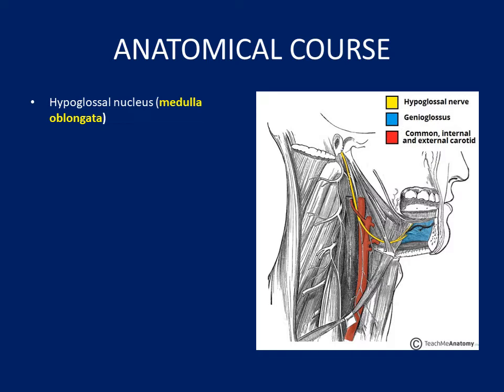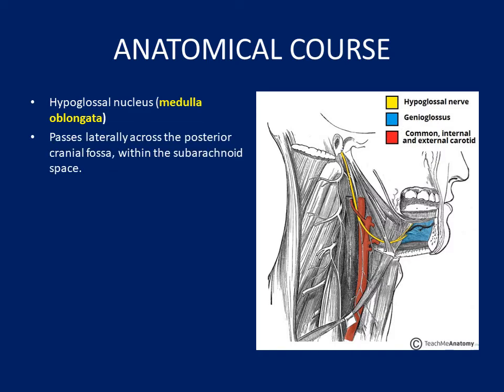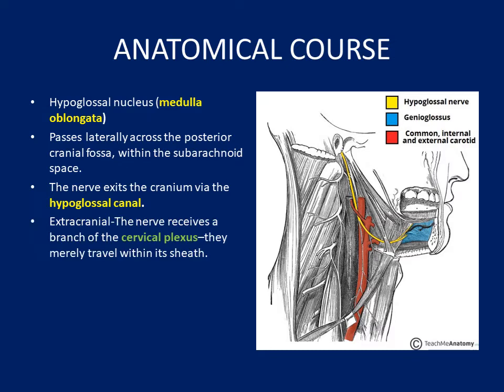The hypoglossal nucleus is the main nucleus of this nerve, and the nerve passes laterally to reach the hypoglossal canal. In its extracranial course, the nerve receives a branch of the cervical plexus as it comes out from the canal. These fibers of the cervical plexus only accompany the hypoglossal nerve, and they are not part of the hypoglossal nerve itself.